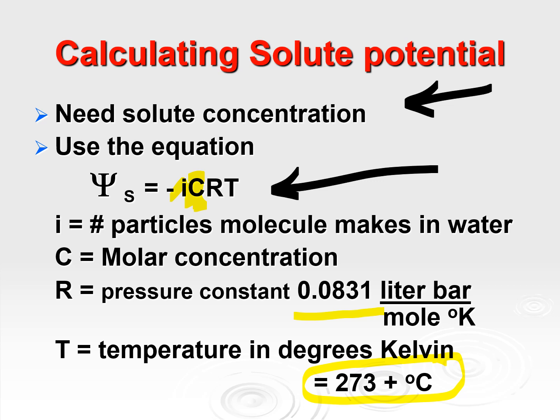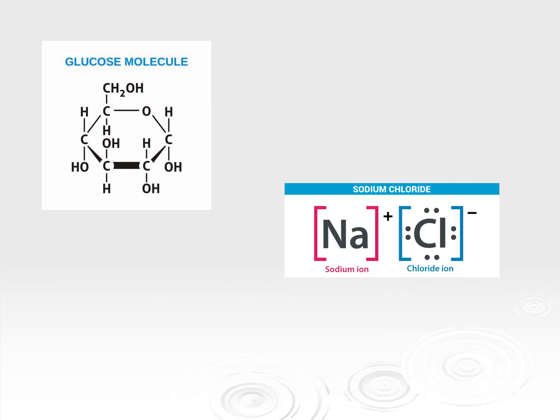So let's talk about this i thing for just a second. So i is the number of parts that a molecule breaks up into when it is dissolved in water. So if I have a glucose solution right here, that means that I have glucose that is mixed into water.